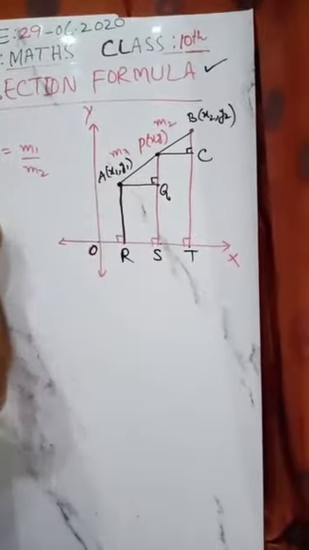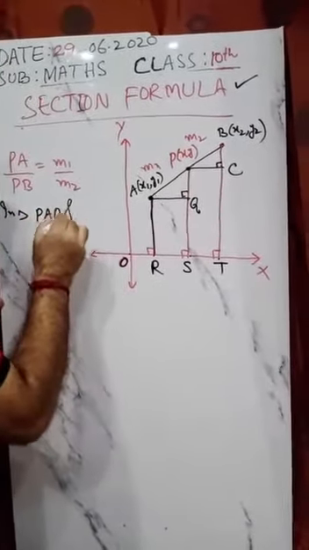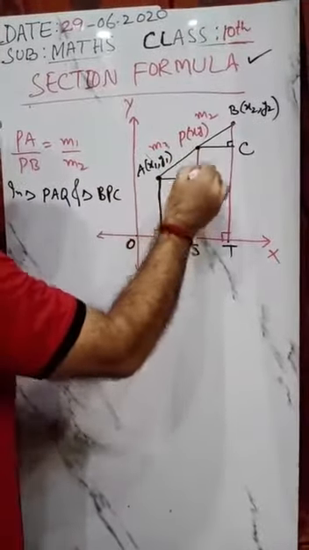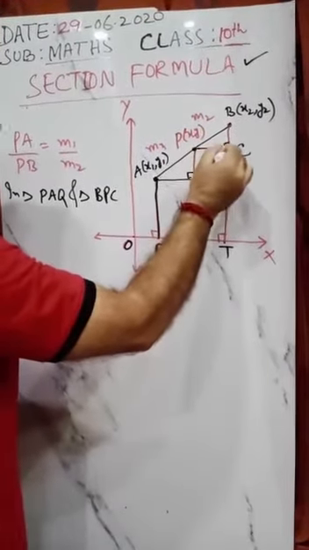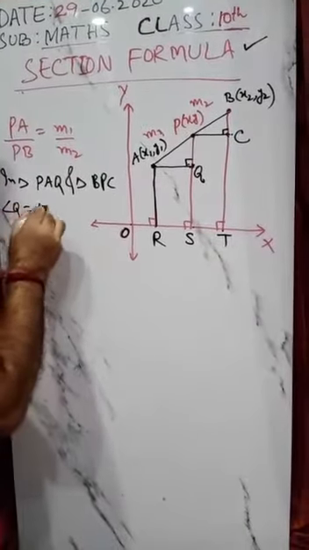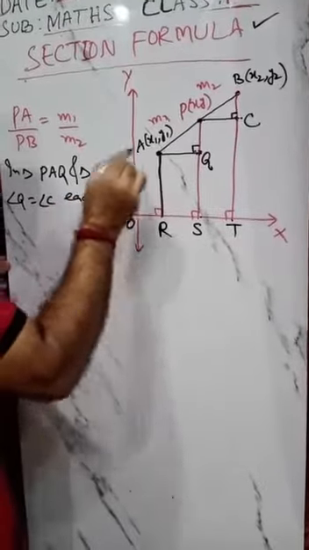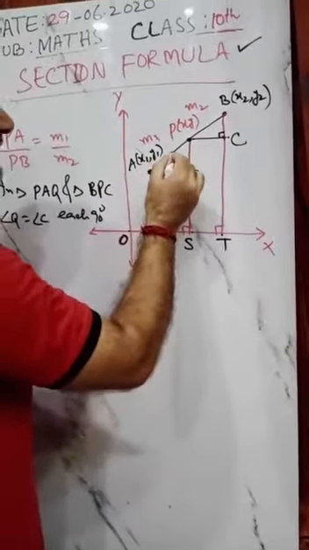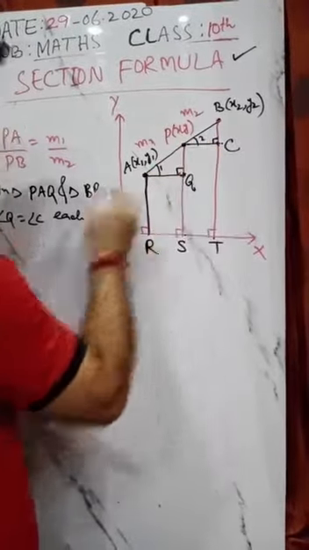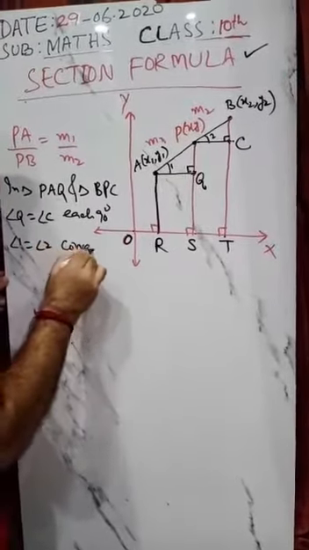Now let us take two triangles, triangle PAQ and triangle BPC. Angle Q is equal to angle C. Why? Because they are each 90 degrees. Then we have this angle equal to this angle, we can name them angle 1 and angle 2. Angle 1 is equal to angle 2, because they are corresponding angles.